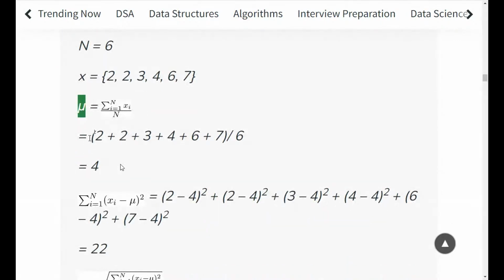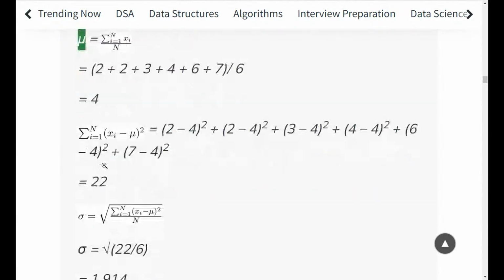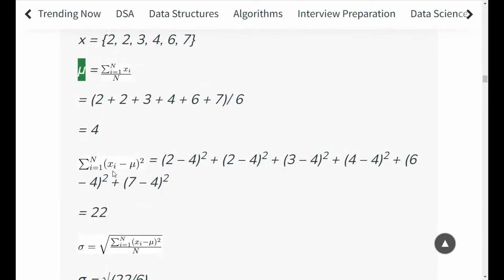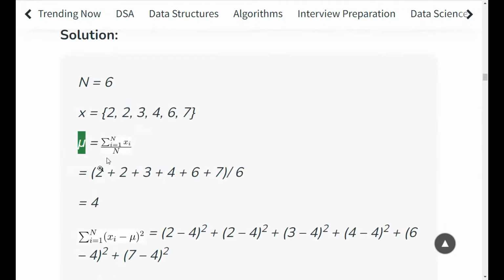Then I have the calculation being done, and I need to find out the formulas separately, one part at a time. Then we will combine it and add it. So here we need to add, subtract x of I. I is starting from 1. So what is your 1? This is your 1.